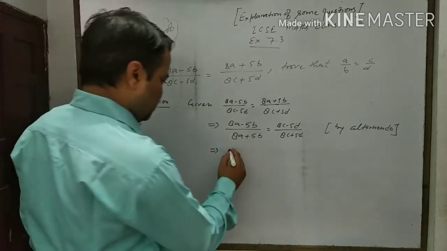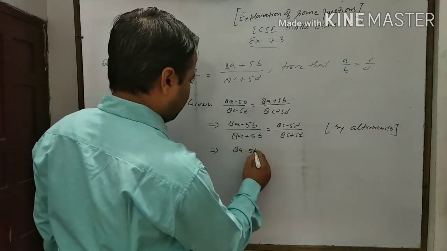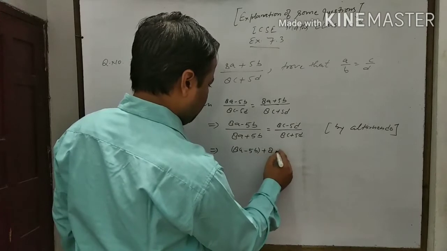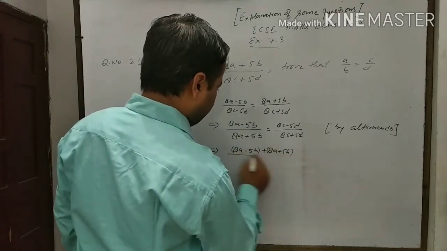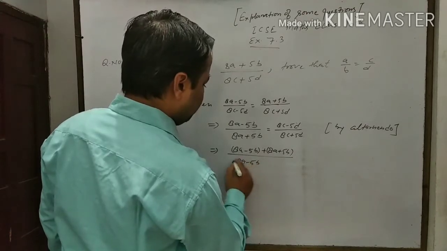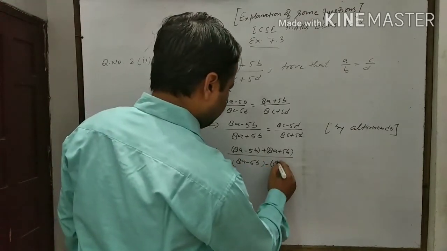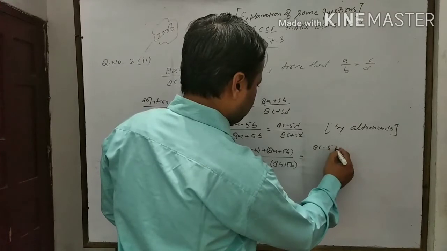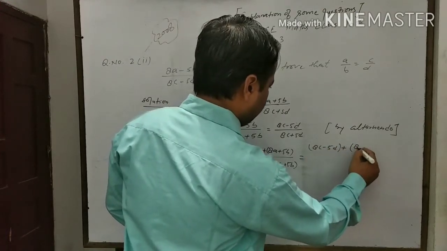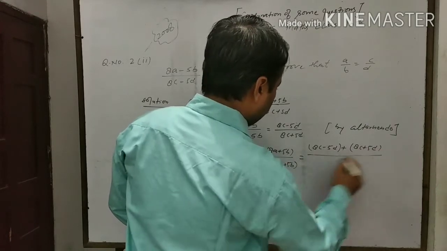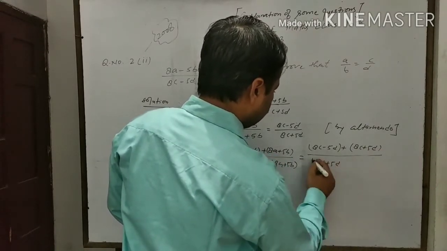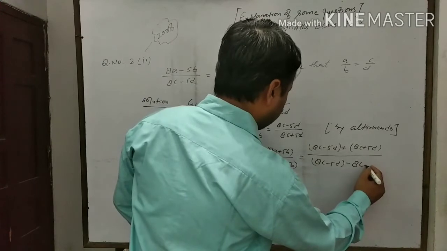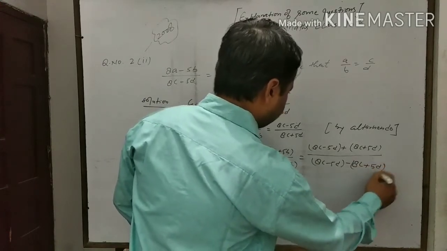The next step: let this be a, then a plus b means (8a minus 5b) plus (8a plus 5b) upon (8a minus 5b) minus (8a plus 5b), and here (8c minus 5d) plus (8c plus 5d) whole upon (8c minus 5d) minus (8c plus 5d).